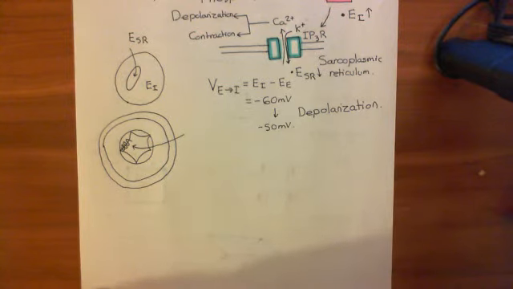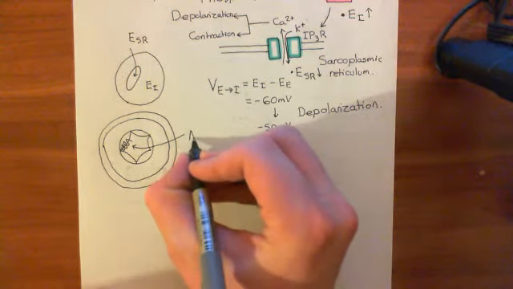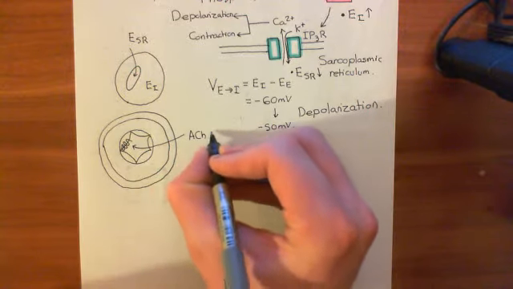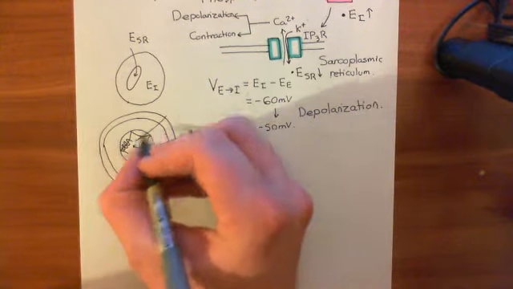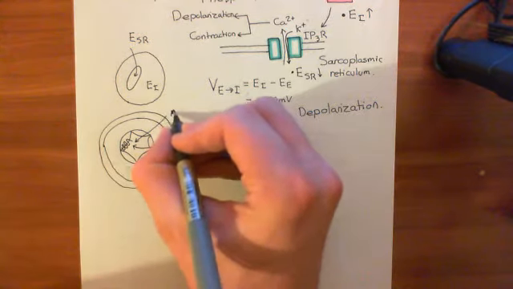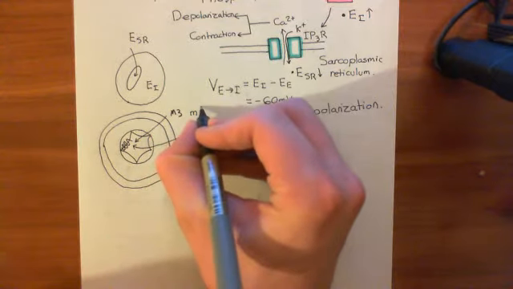Well, maybe the Bolton one was as well. So we're going to treat with acetylcholine, or it could also be carbachol, CCH. Again, this is the M3 muscarinic acetylcholine receptor that you've got on endothelial cells.